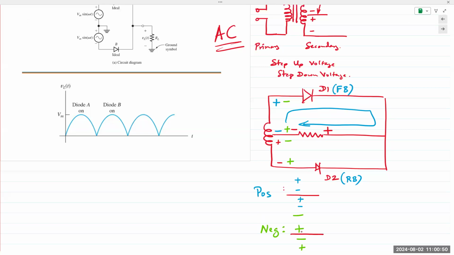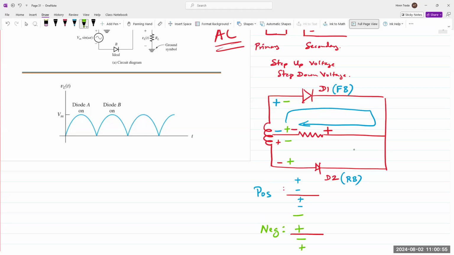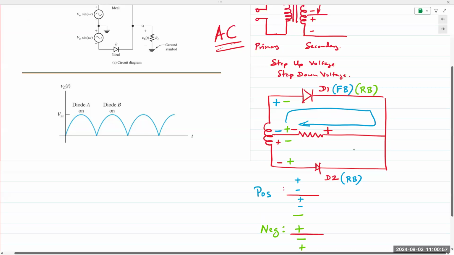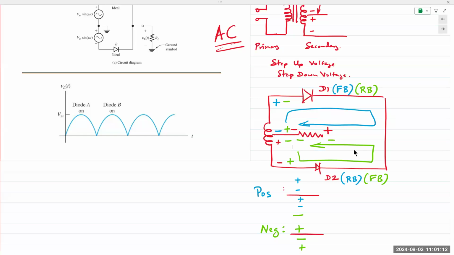And that's the center tap. So reverse bias, forward bias. Current is now flowing this direction. And yet again, it still causes a voltage drop in the same direction, plus and minus.